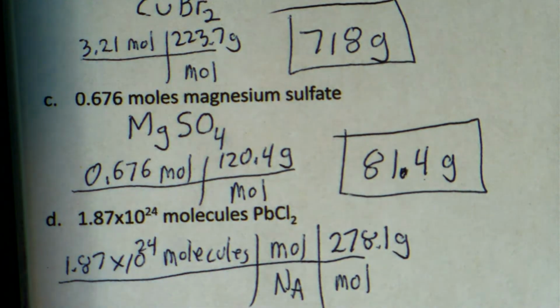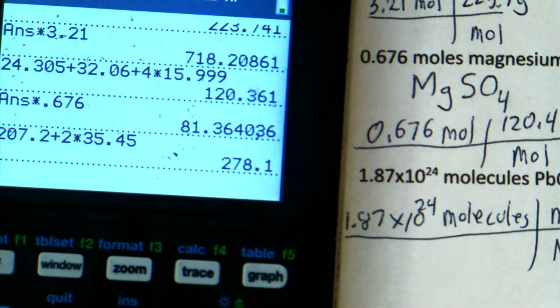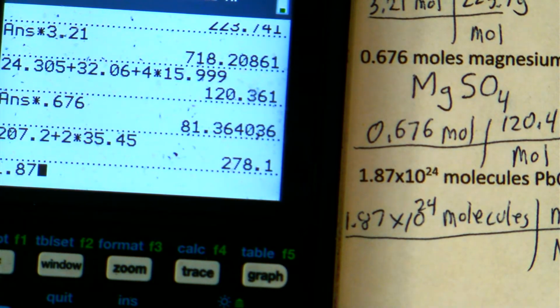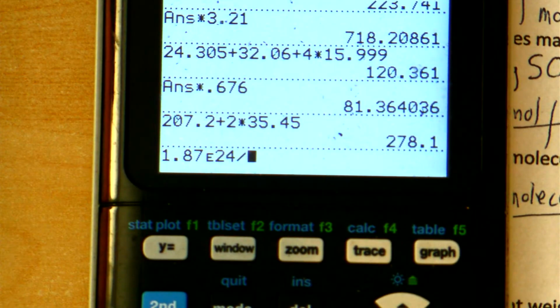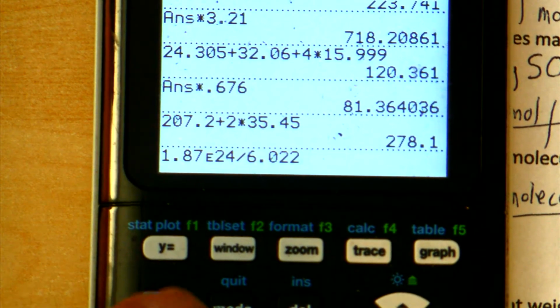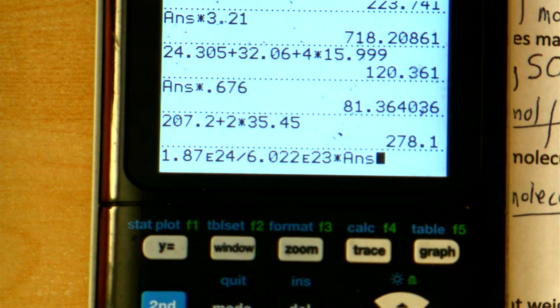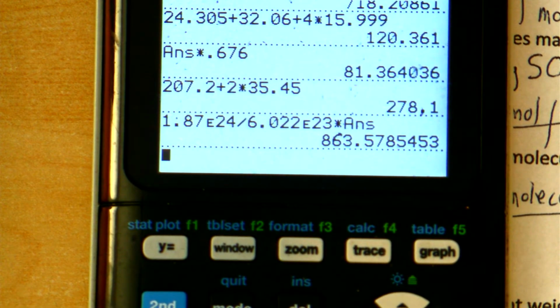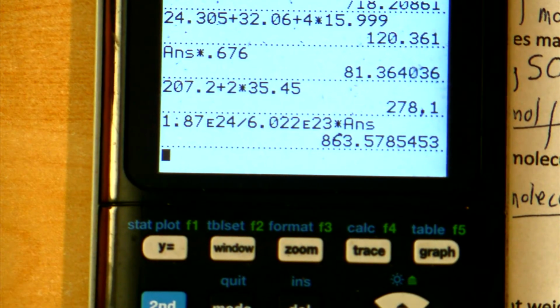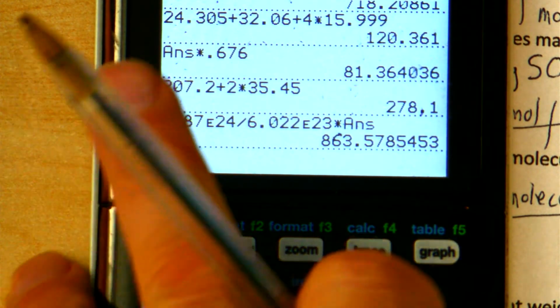So if I go 1.87 times 10 to the 24th power divided by 6.022 times 10 to the 23rd power times the number of grams per mole that I had on my calculator display, I get 864 grams.